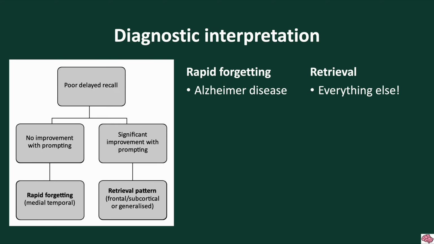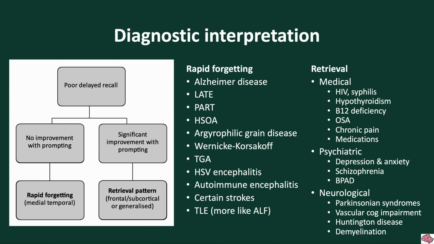Now, in reality, the list for each of these categories is a little bit longer. I won't go through all of these now, of course, but I'll just draw your attention to the fact that when we look at all of the conditions that usually give you a rapid forgetting pattern of memory impairment, the thing they have in common is that they affect the mesial temporal structures and therefore the primary memory storage structures.